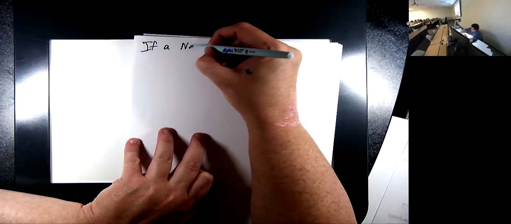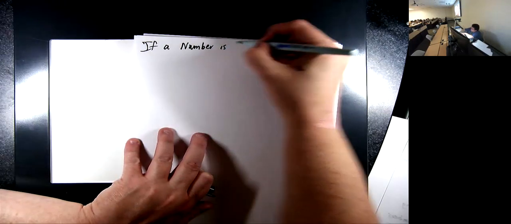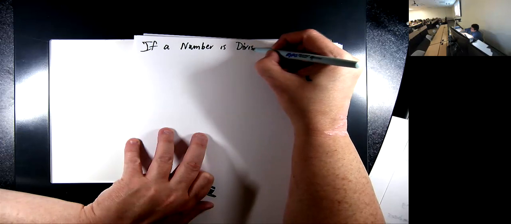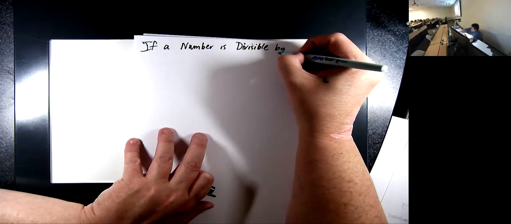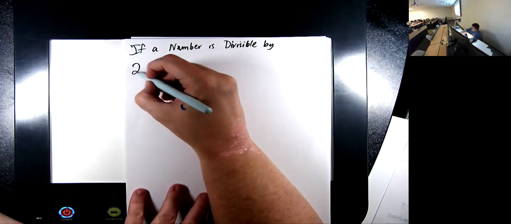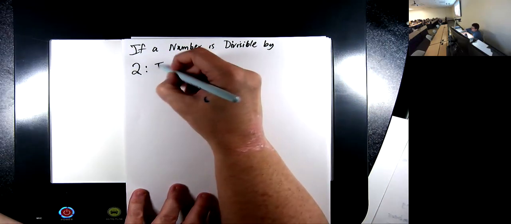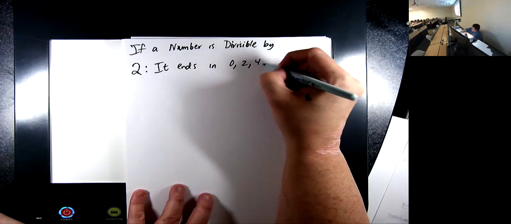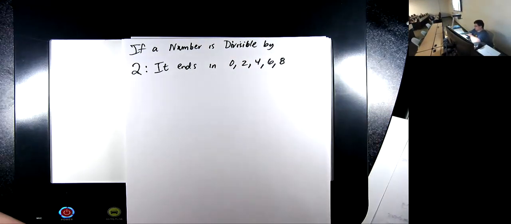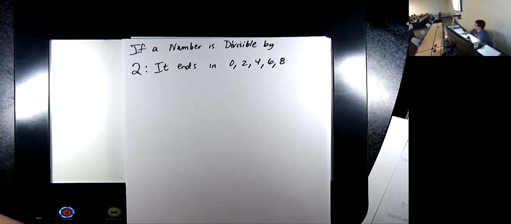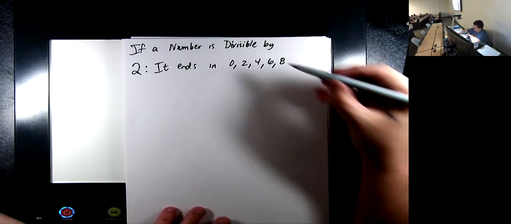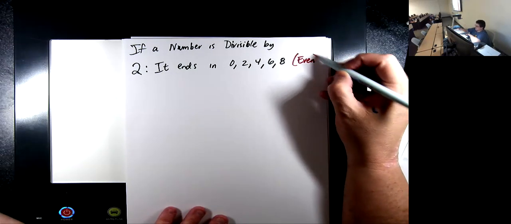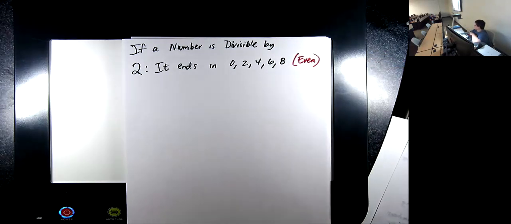If a number is divisible by 2, it ends in 0, 2, 4, 6, or 8. The last digit is one of those. These are all our even numbers. Anything you can divide by 2 is an even number.